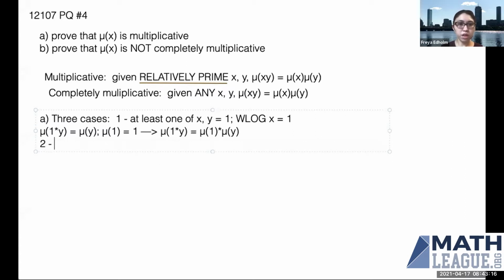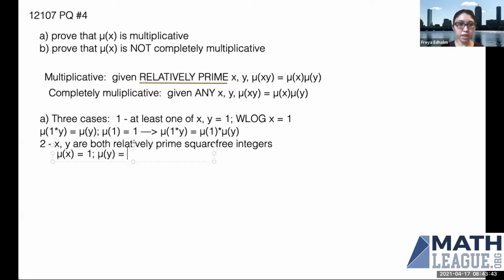Case 2, we have that x and y are both relatively prime square-free integers. Since they're both square-free, that means that mu of x is plus or minus 1 and mu of y is plus or minus 1.